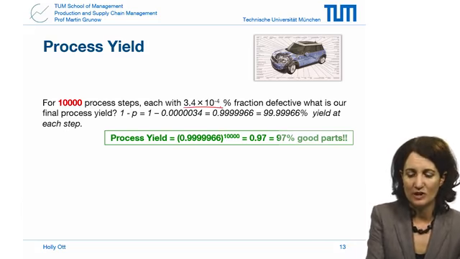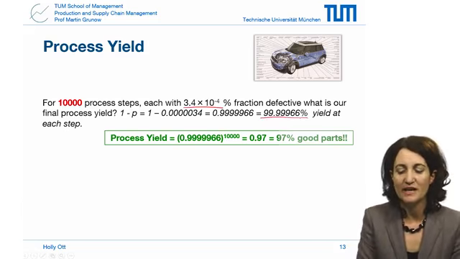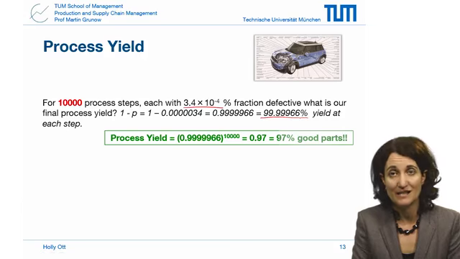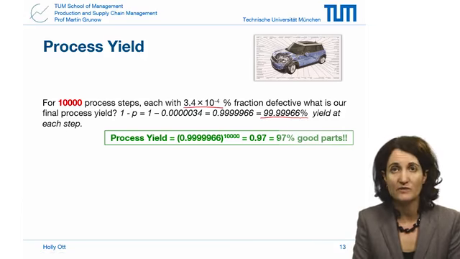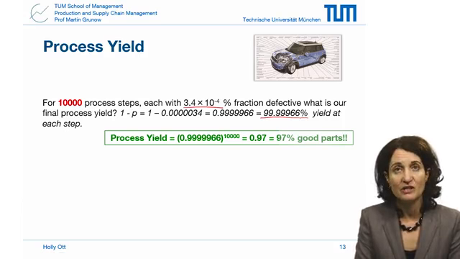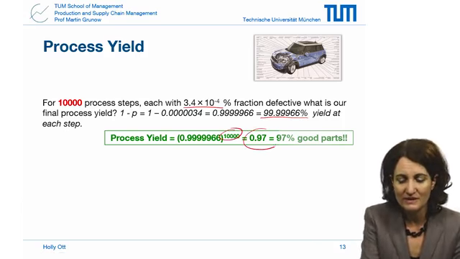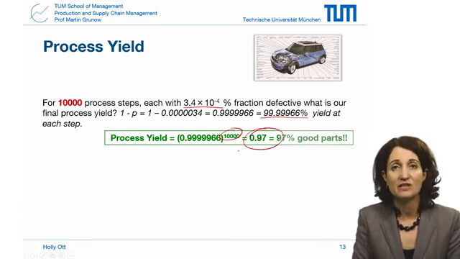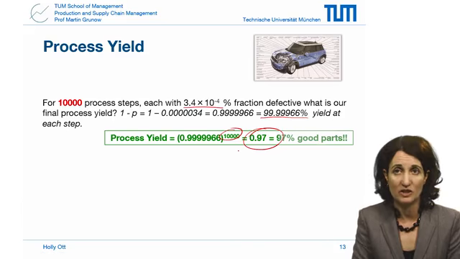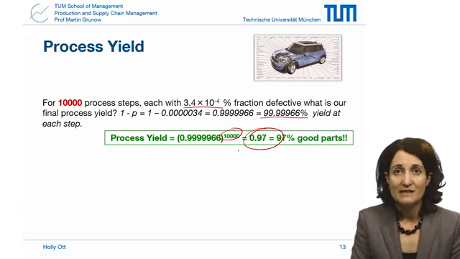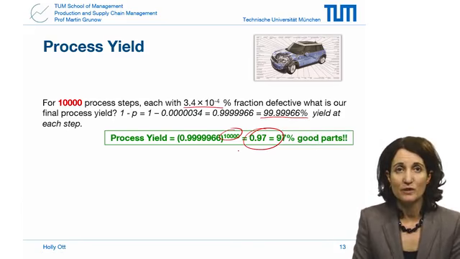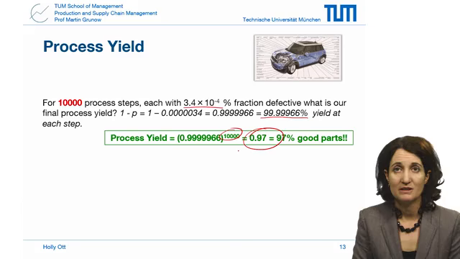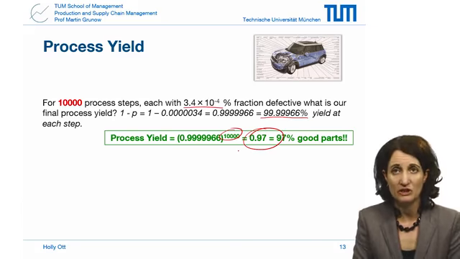That 3.4 parts per million corresponds to 99.99966% good parts for every part or process, which for 10,000 process steps gave us 97% good parts, 97 out of 100 good cars. So again, now we can see that if you have a 6 sigma process for each part or each process in a complicated process, then you can achieve a good overall process yield.